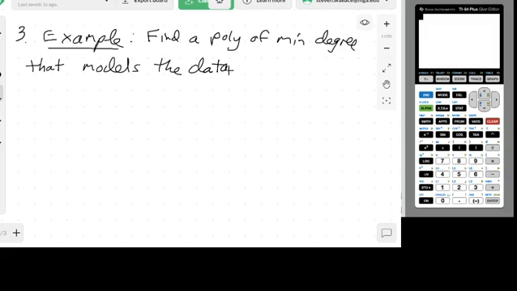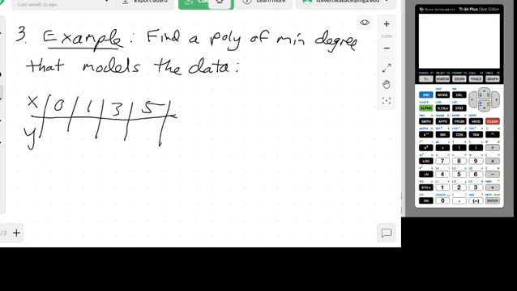Okay, so I'm just going to pick some numbers here at random. X, say 0, then 1, then 3, then 5, then 10, then 12. It starts out at negative 10 for the y, then up to 6, then down to 0, then down to negative 3, then up to 11, and then up to 17.